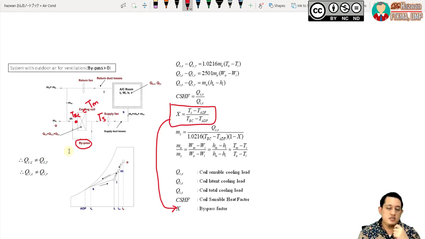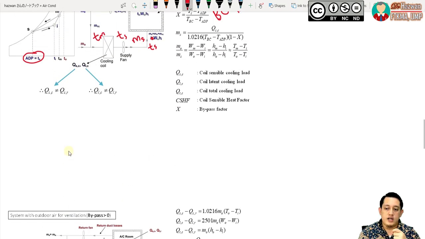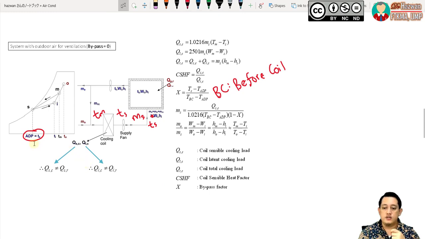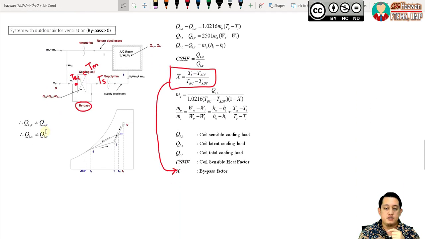So when the bypass is equal to 0, TS here is equal to the apparatus dew point temperature. But when the bypass is more than 0, it means that some part of the air is not being cooled down by the cooling coil.